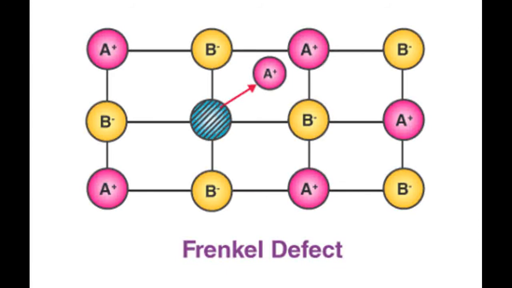Since the ions are not lost, only displaced from one point to another, the density is not affected. Examples of Frenkel defect are AgCl, ZnS and even AgI. The reason is that their coordination number is low and the anions are much larger than the cations.